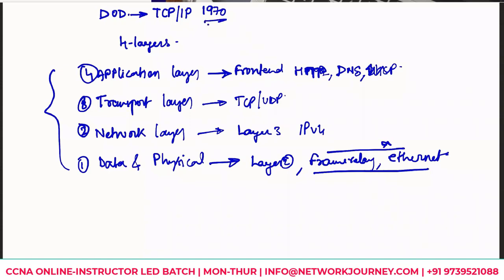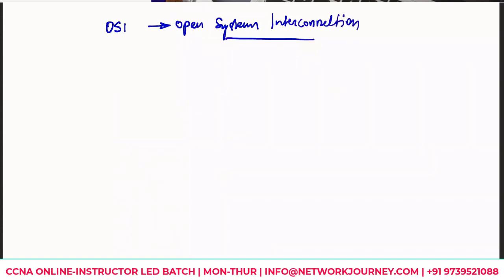Later on, another logical model was developed, which was referred to as OSI, Open System Interconnection. So as per this model, we just elaborated whatever we had previously to 7 layers, total 7 layers.